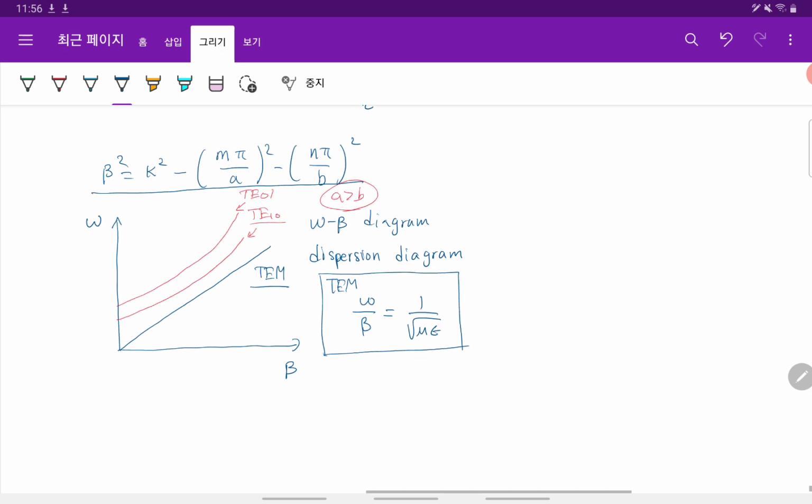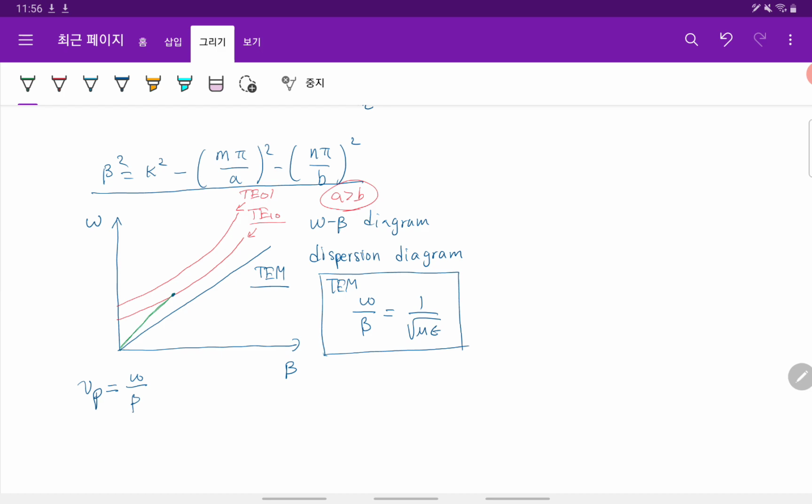So what that means is, if we just pick some point here and we want to know the phase velocity, Vp, Vp is omega divided by beta, right?